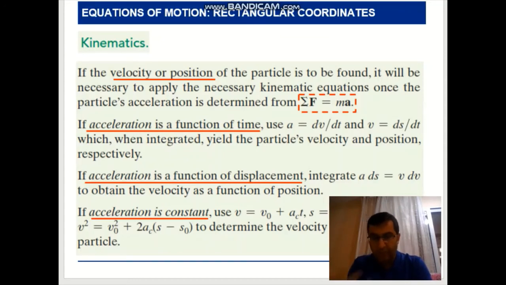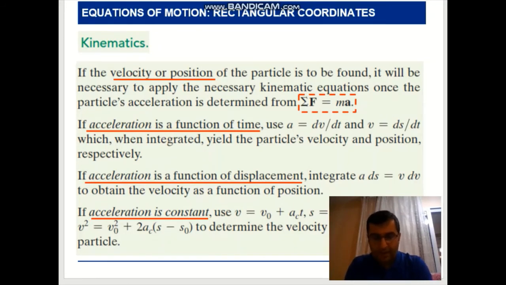So we have three cases. If acceleration is a function of time, we just need to use a equals dv/dt and v equals ds/dt, taking the integrals, and then we will find the velocity and the position of the particle. If acceleration is a function of displacement, then we know that there is a formula a ds equals v dv.